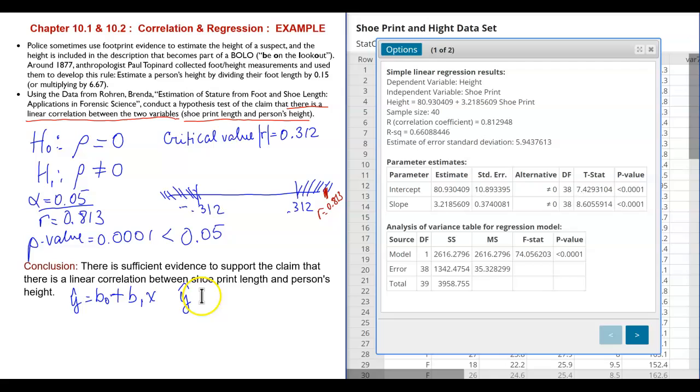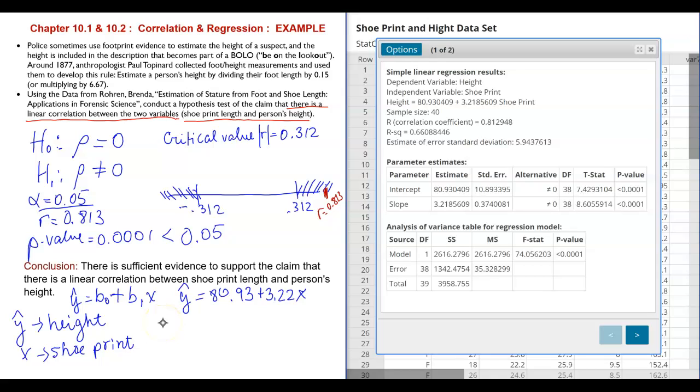Y hat is equal to 80.93 plus 3.22, I'm rounding to 2 decimals, times x, where y hat is the height of a person and x is the shoe print length. Y hat is the dependent variable and x is the independent variable in this case. Remember, if we switch the variables, the equation will not be the same.